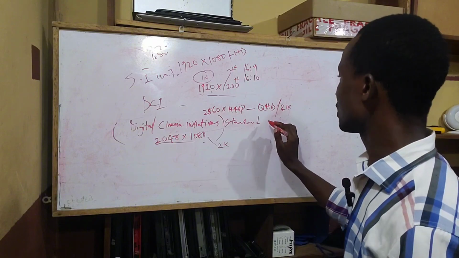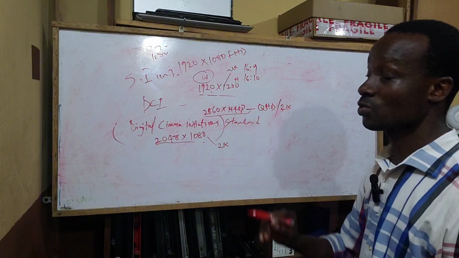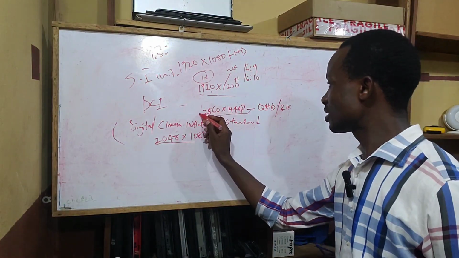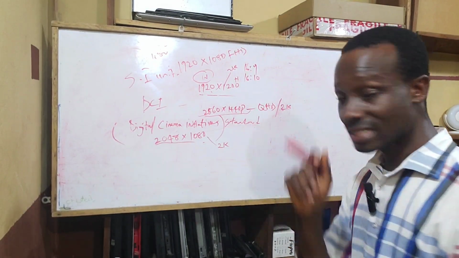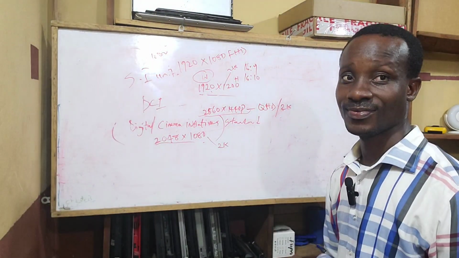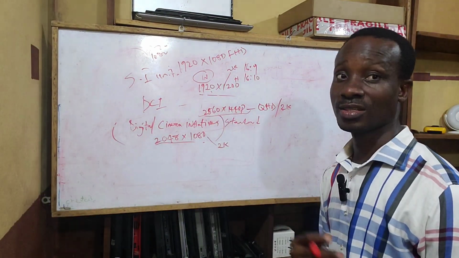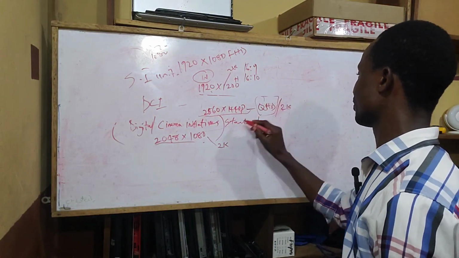Now you see this QHD. This is also known as 2K. But if you look at the width here, it is 2560, more than this, right? So technically, it is wrong to call QHD 2K because it is far higher than 2K. The right, technical name for it is QHD.